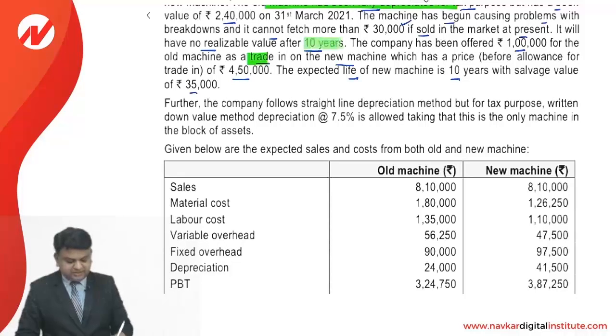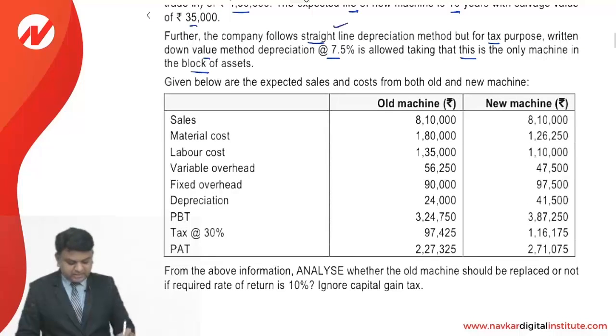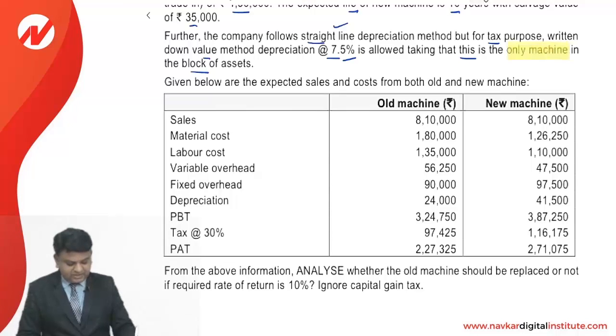So existing machinery can be used for another 10 years, or otherwise it can be replaced with the new machinery, which has a life of again 10 years. Straight line method of depreciation is used for tax purpose. Written down value at the rate of 7.5% is allowed for taking this as old machinery in the block of asset. So the company itself is following SLM, but for income tax purpose 7.5% is allowed on the old machinery in the block.